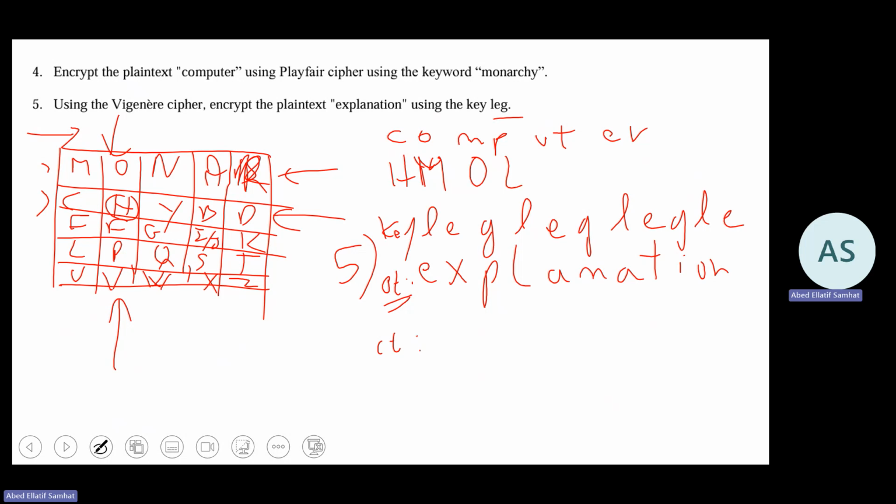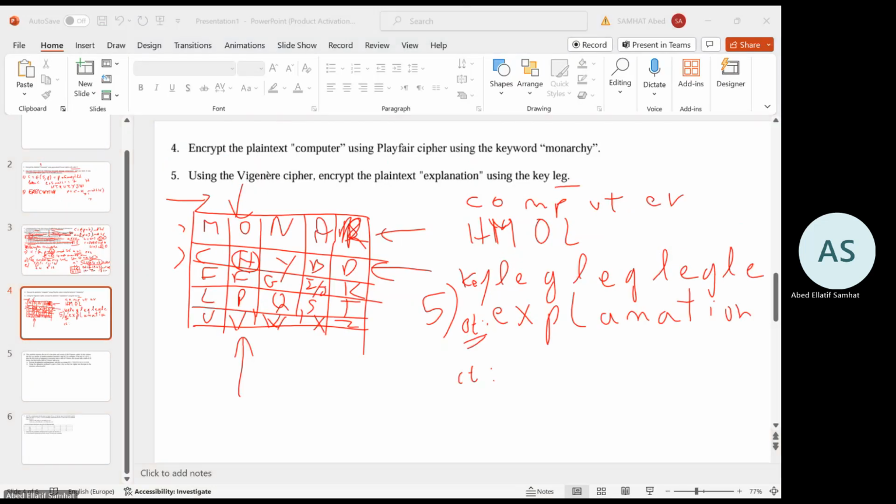So the ciphertext of E, remember that it's 4, and we have to add the value of L. I want just to check it on the slide. Okay, the value of L is 11.